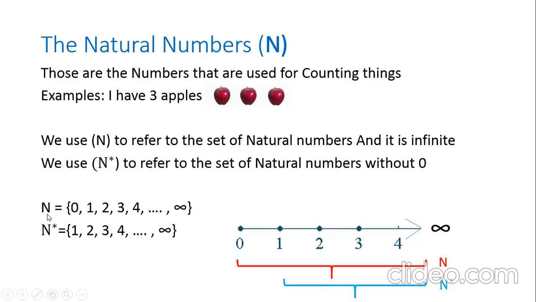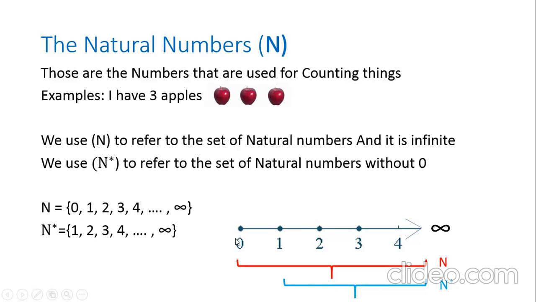We denote N as follows, between 2 brackets, a list of numbers starting from 0, then 1 and 2 and moving to infinity, and N with star, which is the set of natural numbers without 0, starts from 1. Notice that we excluded the 0, then 2, 3, 4, and it moves to infinity.